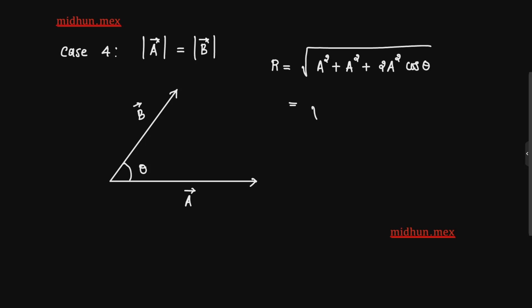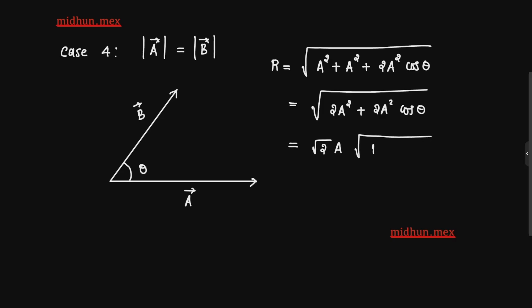From here, R square will become 2a square plus 2a square cos theta. That 2a square we can take common outside, so root 2 will come, a will come. Inside root we will have 1 plus cos theta.